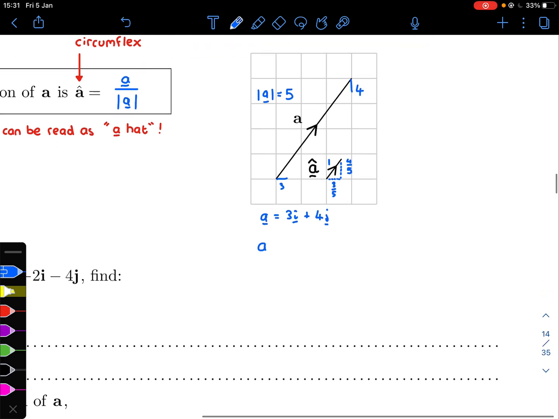So the unit vector was 1/5 of that, which we could leave like that or expand it like so. So for a unit vector, just take the vector itself and divide by its magnitude, because then whatever magnitude the original vector has gets divided by itself and ends up with a magnitude of 1.